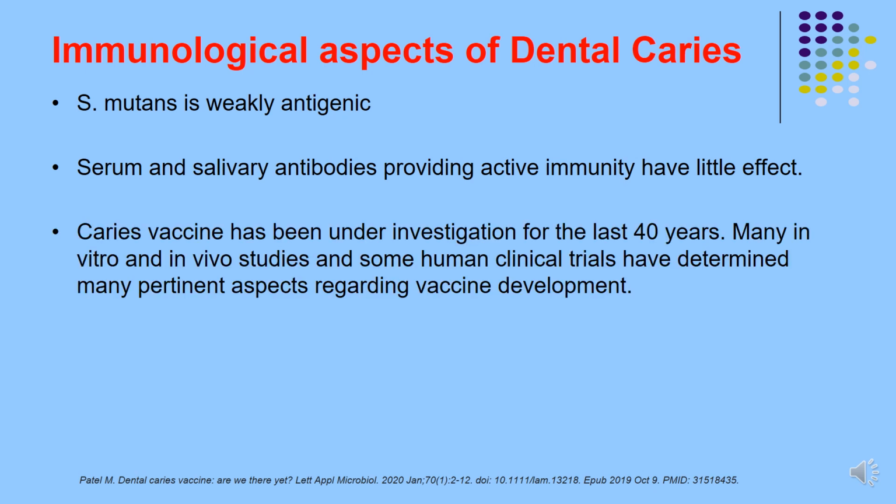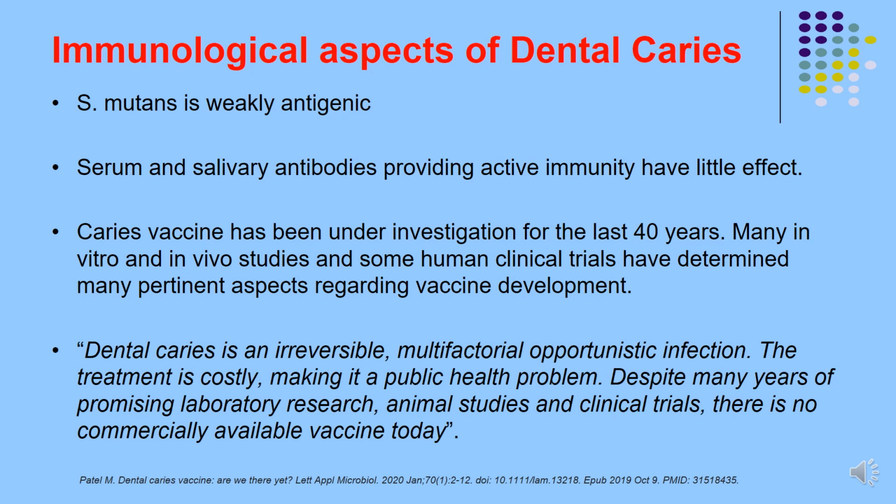So I would like to mention here that a caries vaccine has also been under investigation for the last 40 years, and many in vitro and in vivo studies and some human clinical trials have been conducted with the aim of trying to develop vaccines for caries. But so far, we haven't reached the point where there could be a commercially viable vaccine today.